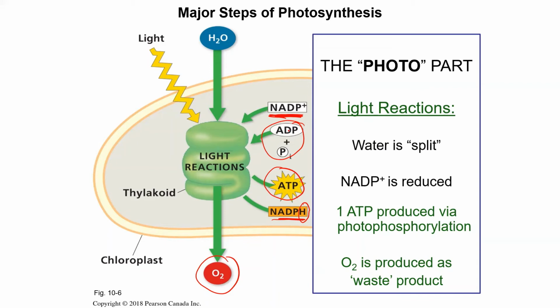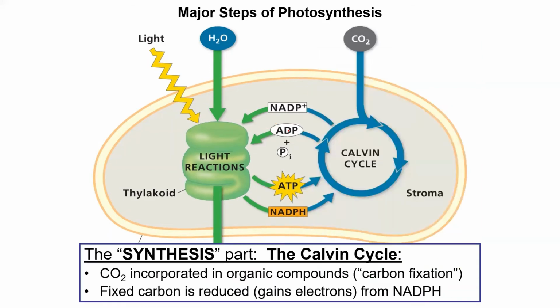Then we have the synthesis part of photosynthesis, and it's called the Calvin cycle. And so what happens with the Calvin cycle? These high energy compounds here, they're not very stable and they're not very long lived. So if you want to store energy for a while, the best way to do it is to store it in organic compounds. So how do we make organic compounds? Well, we need carbon.